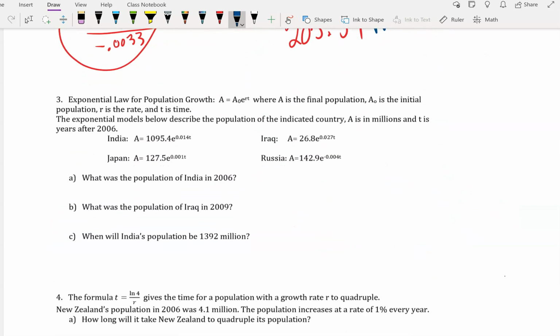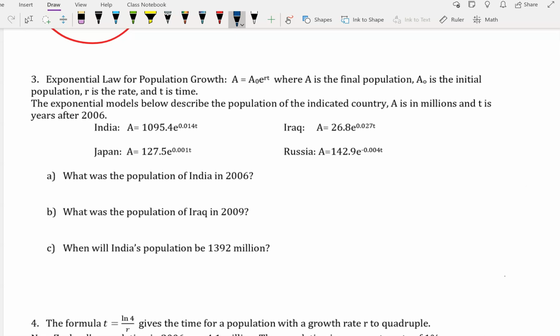All right, moving on. Exponential growth for population, where A is the final population, A sub 0 is the initial population. So that's really like our P, our principal value in the formula that we're used to. So the exponential models below describe the population for an indicated country.